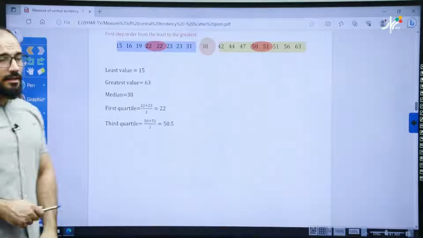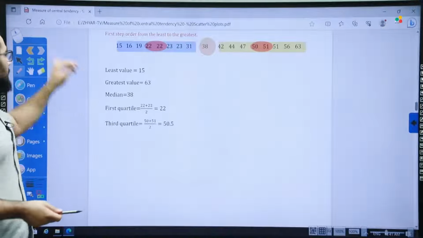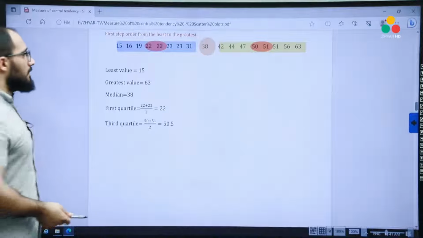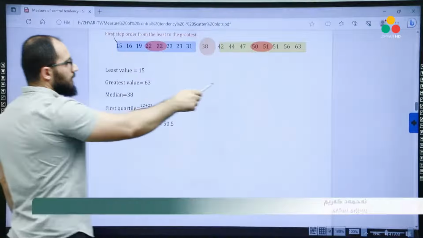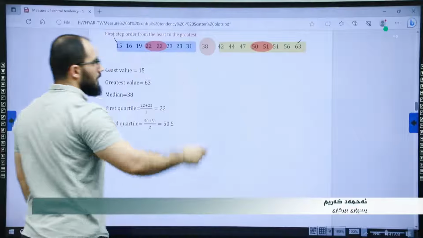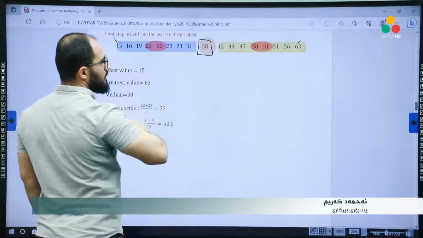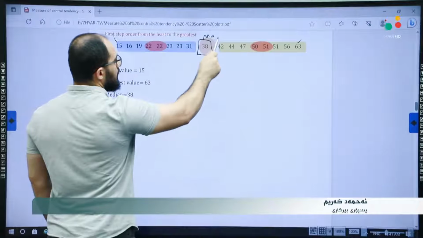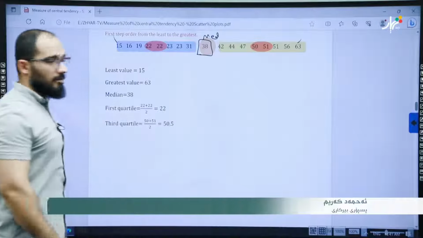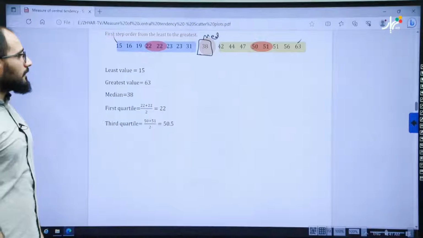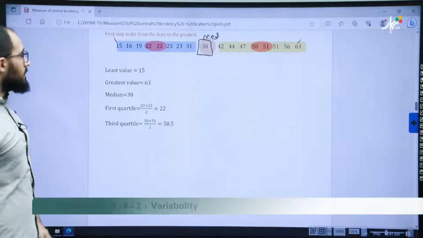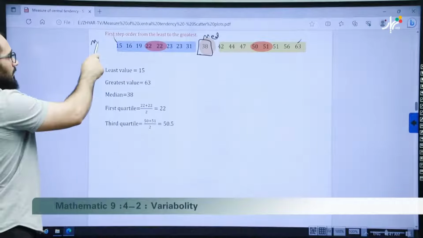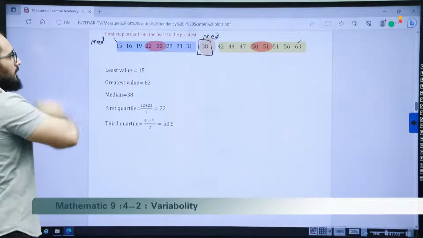As always, first step, find the median. When you cancel a number from the left and right, you can see that 38 is left in the center, so this is the median. Then the first piece of information has been found.